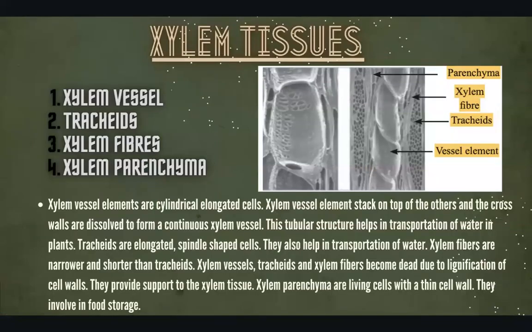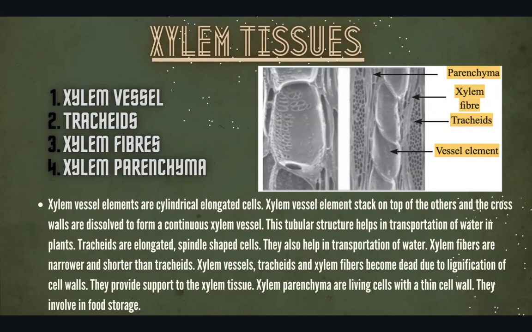So narrower, shorter than tracheids, and then commonly the xylem vessel, tracheids, and xylem fibers, they're dead. Now, these 3 types of cells are commonly known as dead cells due to what?